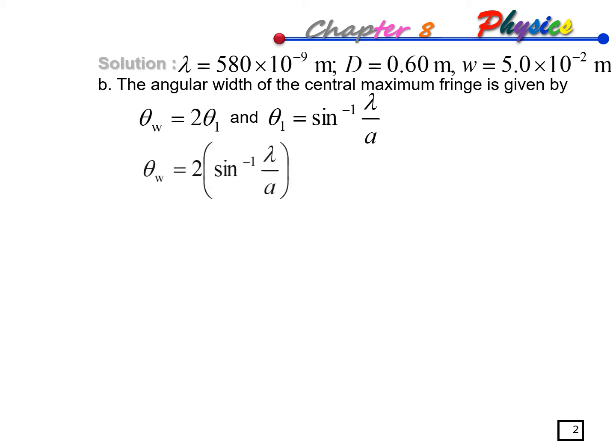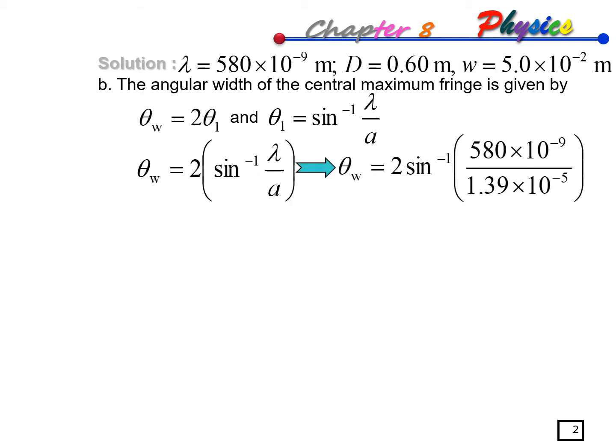We already determined this, so just replace in and find the final value. For the angle, it will be twice the value, because theta 1 refers to one side only. So twice the value ends up with 4.78.